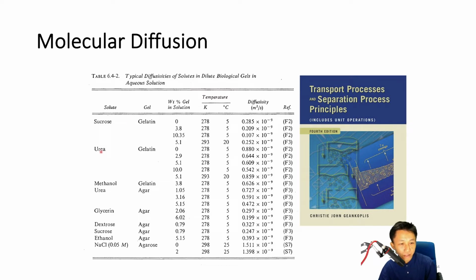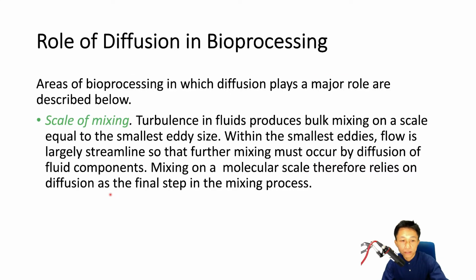And this one is urea and agar. So you use this one, different gel, and you look at different values. Basically you just find the book and then look inside. There are many chemical engineering books that you can look for.